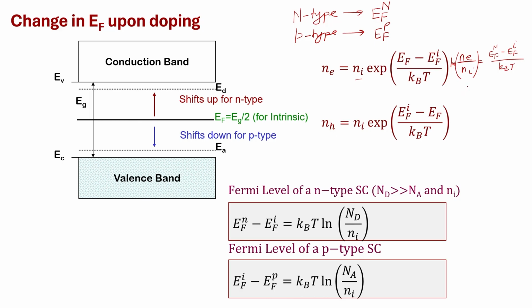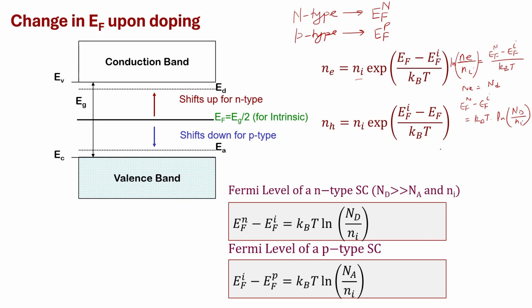For an n-type semiconductor, Ne is equal to Nd. So, I can write EFn minus EFi being equal to kBT ln of Nd divided by Ni.